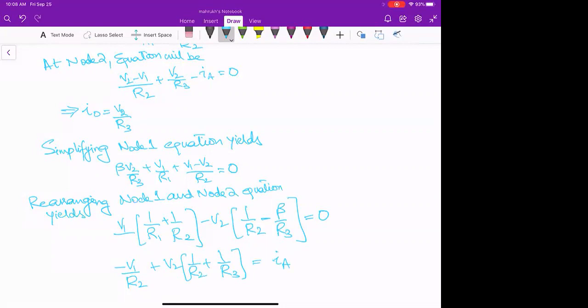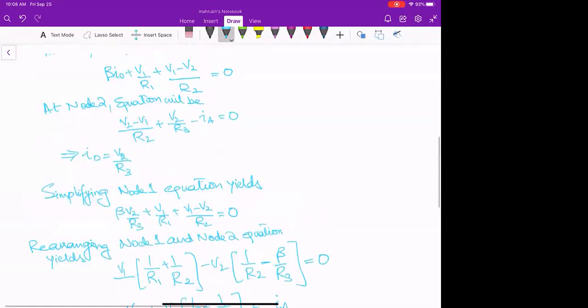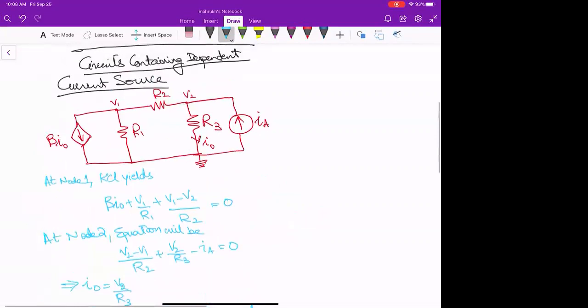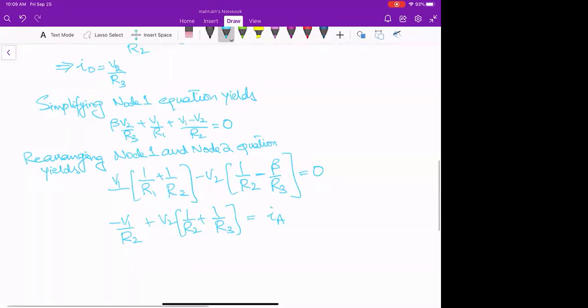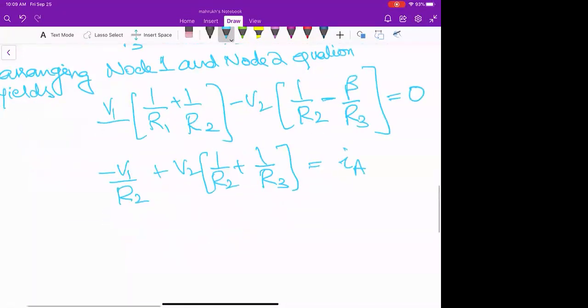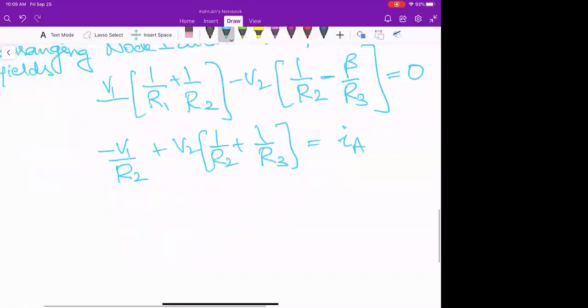Right. So we are good about the sign conventions that current is entering the node, and we are having this positive for the final set of equations. So the final set of equations we have are good for making the matrix and seeing whether it works or not, okay? Okay, let's try to make the matrix.